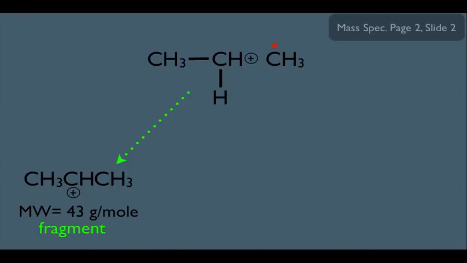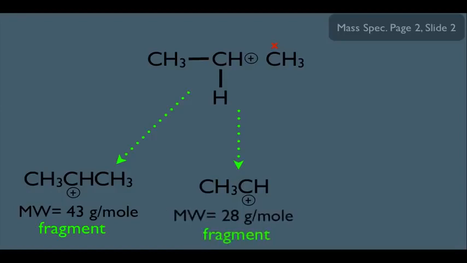Of course, remember, it's the one that's charged, this one. However, this methyl right here with this extra electron doesn't have a charge. So he would go straight through the magnets and not be detected by the detector. Which means, again, the fragment that has the carbocation would be detected, and he happens to be a fragment that weighs 28 grams per mole.